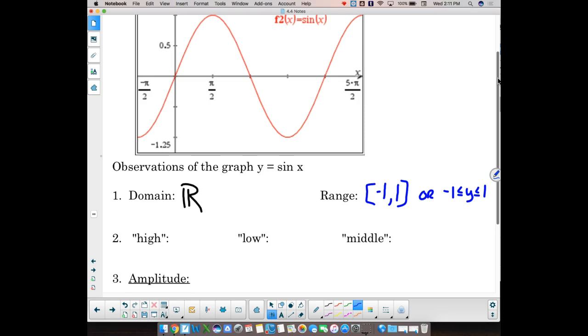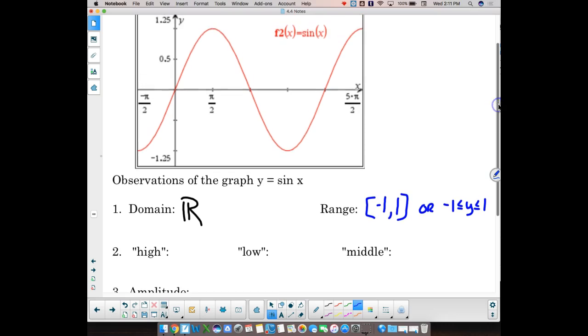Now, if you didn't see that that was the range, you could look at what is the maximum value. What's the high point of the sine function? Well, the high point would be up here, and that would be at +1. That would be the high. The right end, remember, when we talk in range, we're going low to high.